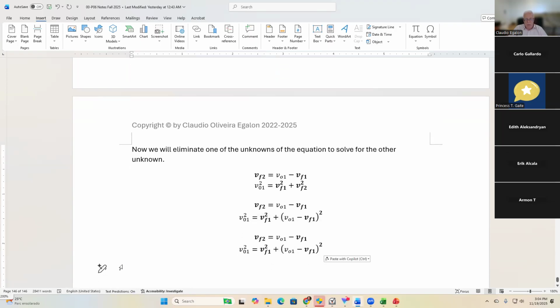Right from the bat, you can see that we are going to get a quadratic equation. And every quadratic equation has two solutions, right? 2 v naught 1, v final 1, v final 1 squared. Now I don't need the square in the parentheses anymore.